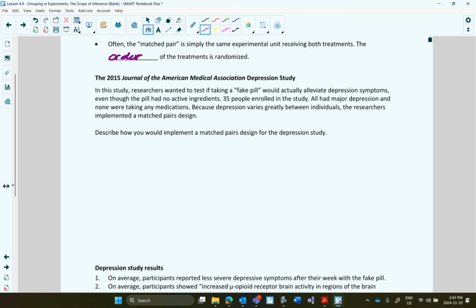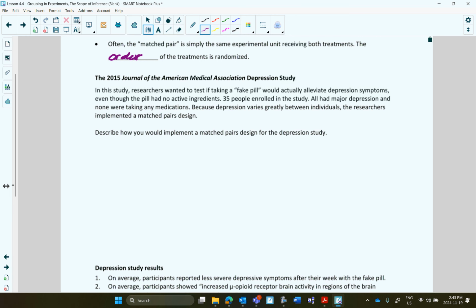Who knows? But yes, you could. You're either pairing off individuals and assigning treatment to one and alternate treatment or no treatment to the other, or you're pairing off somebody against themselves. There are two different types of matched pairs.